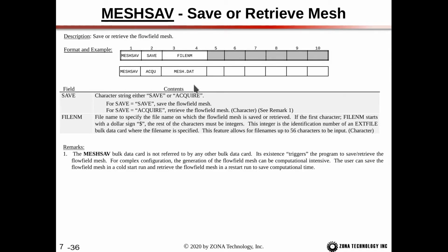And so your input deck may not match that of the actual mesh that ZEUS is using. So you do want to be careful and make sure that when you save the mesh and then you acquire it, you're no longer changing parameters of the flow field mesh.